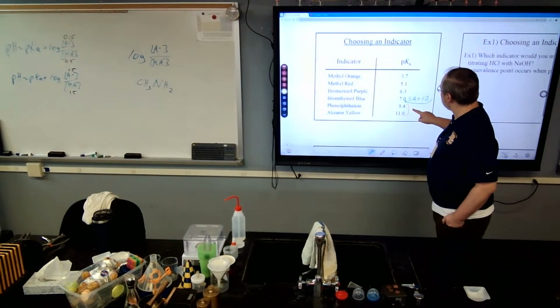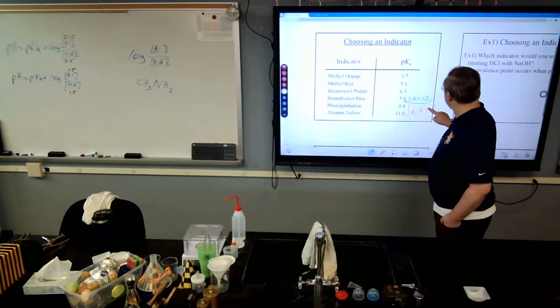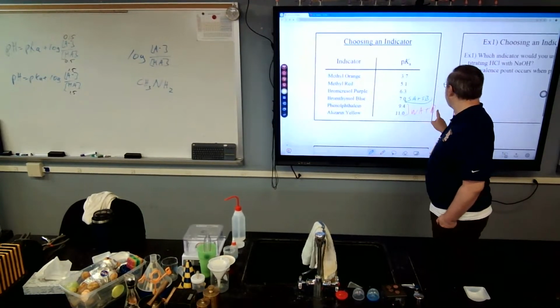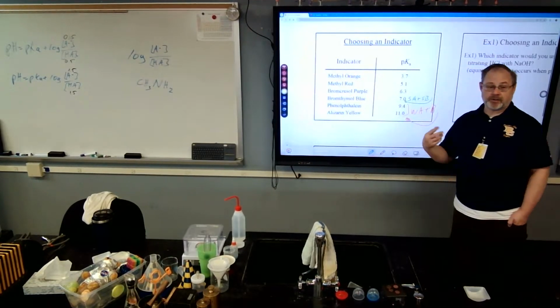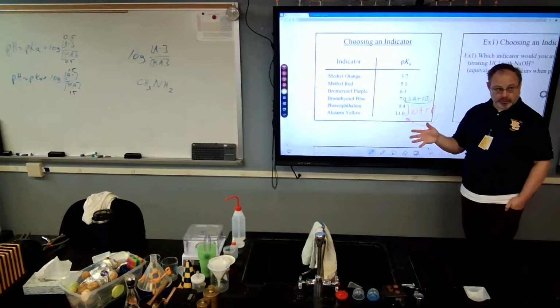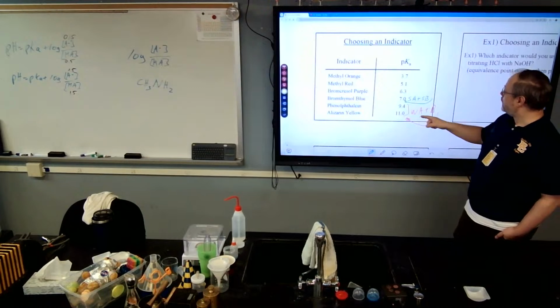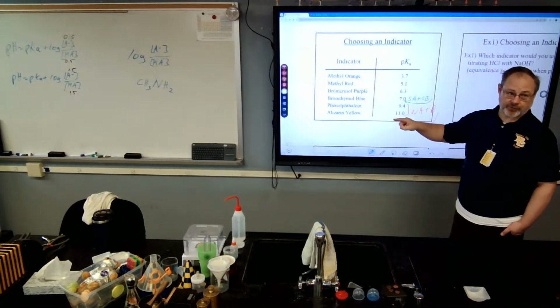So if we're going to titrate a weak acid with a strong base, we know that the equivalence point is going to be basic, because a strong base leaves a negligible acid and a weak acid leaves a weak base. So we would choose something in the basic range.